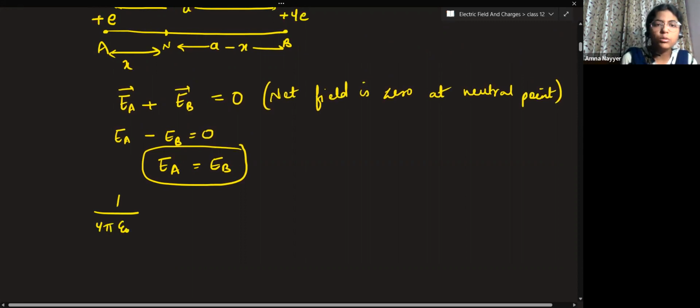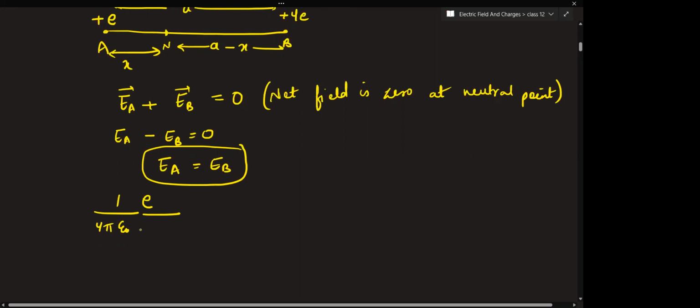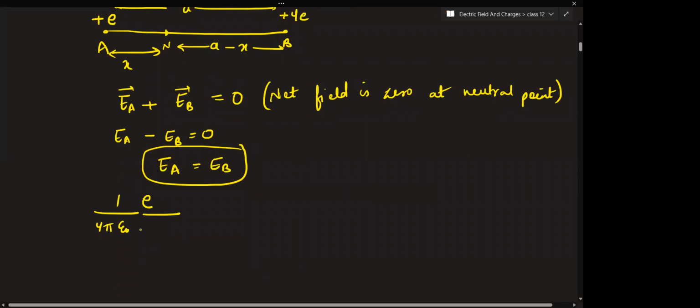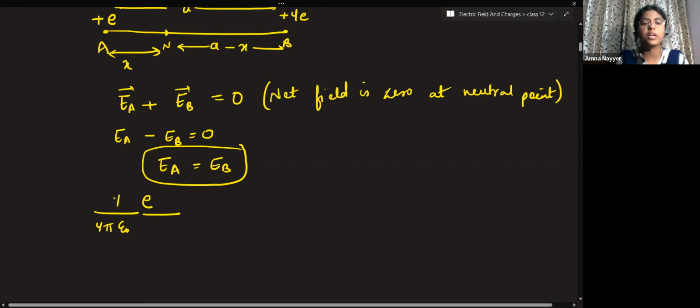Charge generated due to A point is E. We can write E divided by, what is the distance that I should take for plus E? X. Yes, both of you are correct. It will be X. So since the formula is KQ by R square, we have to write it as X square. This is, I have written it for EA.